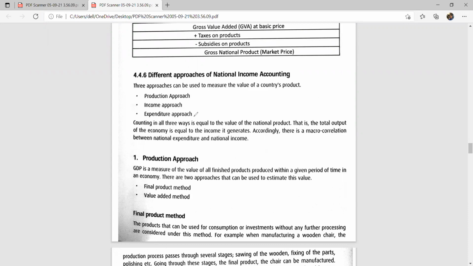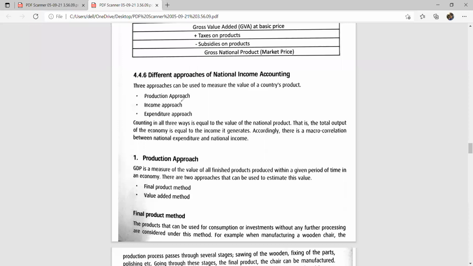Total production of a country is exactly equal to its income as well as expenditure. We can calculate the country's GDP by using these three methods. Whatever the method we use, GDP, gross domestic product, is the same.